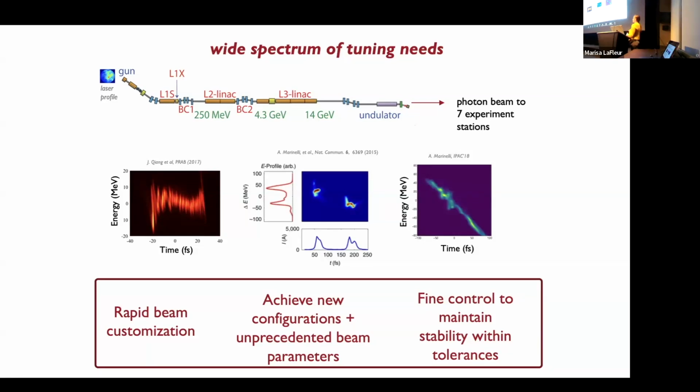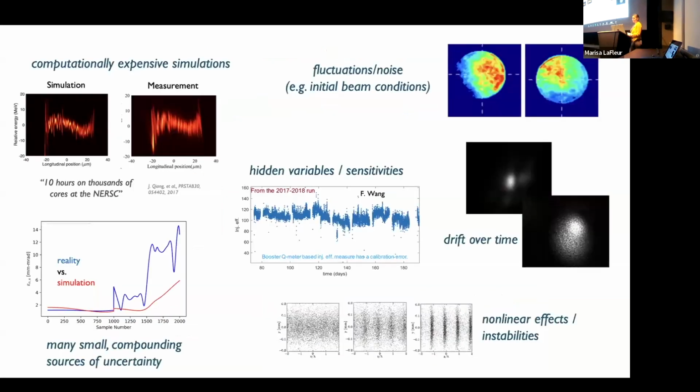And then once we've established that we can achieve the required beam parameters, we have to maintain that within some stability tolerances for a long period of time. And in some cases, increasingly, users want to do things like dynamically scan bunch separations for an experiment. So that adds a real-time control element to it that's also challenging.